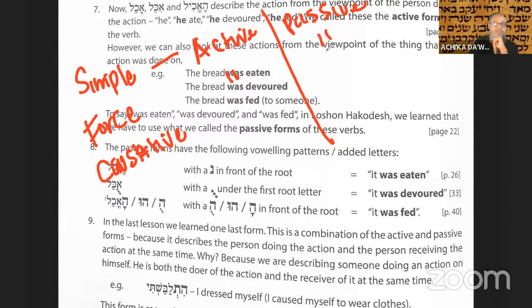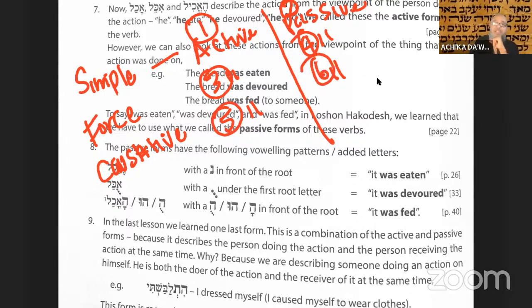So simple can happen the first way, or it can happen the second way. An action can happen in a forceful way, which makes it number 3, actively, or it can be passive, the 4th way. Causatively, you can actively do it, which is the 5th way, and then here it is, the 6th way.